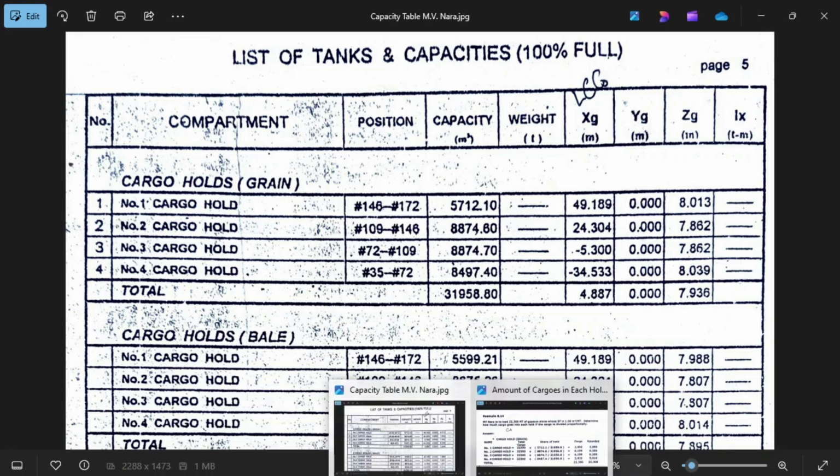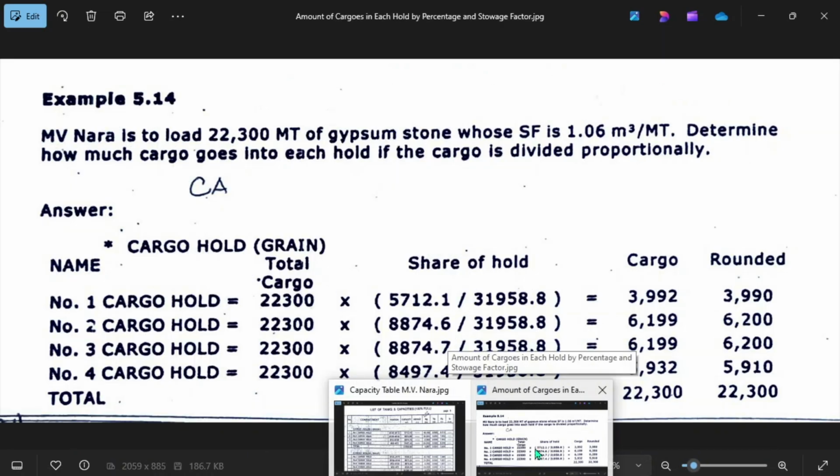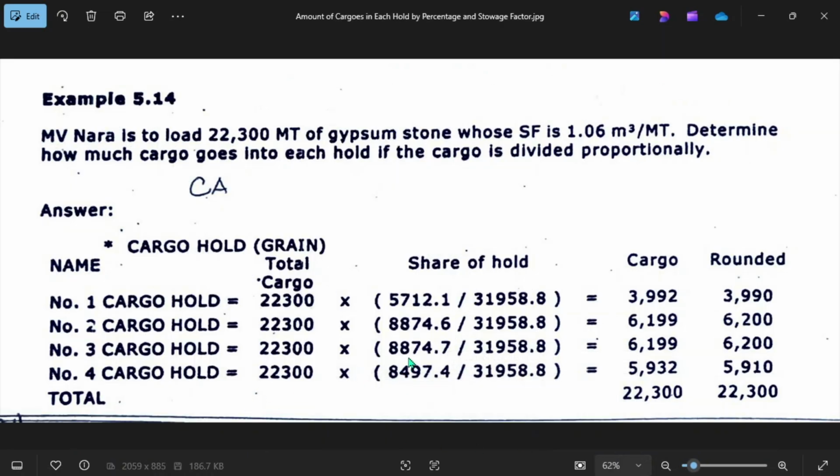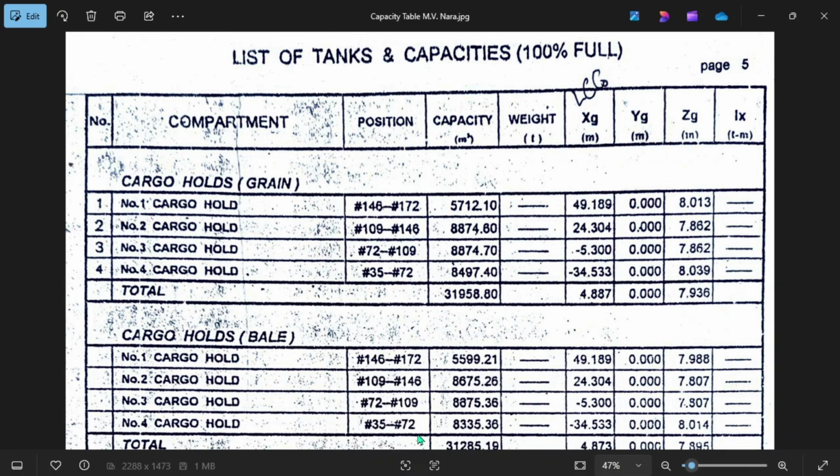Check that one. Number 3 is 8874.7. Okay. And number 4 is 8497.4. Number 4 is 8497.4, and the total capacity is 31958.8.